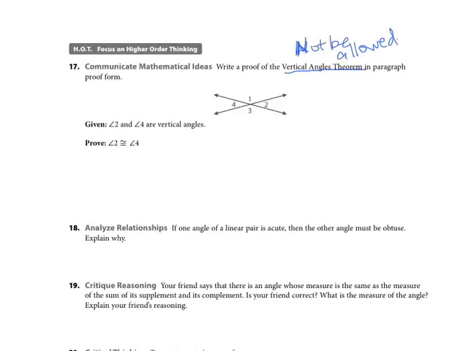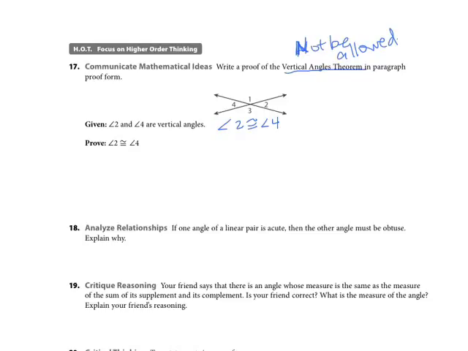Okay, let's look at what was given to us. We know that angle 2 and angle 4 are vertical angles, which would mean that they are congruent. So angle 2 is going to be congruent to angle 4. Now at this point, I'm just building my plan.